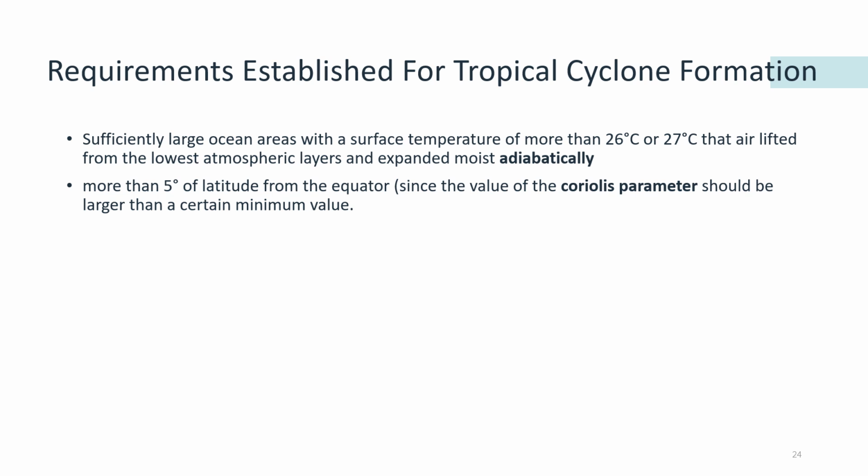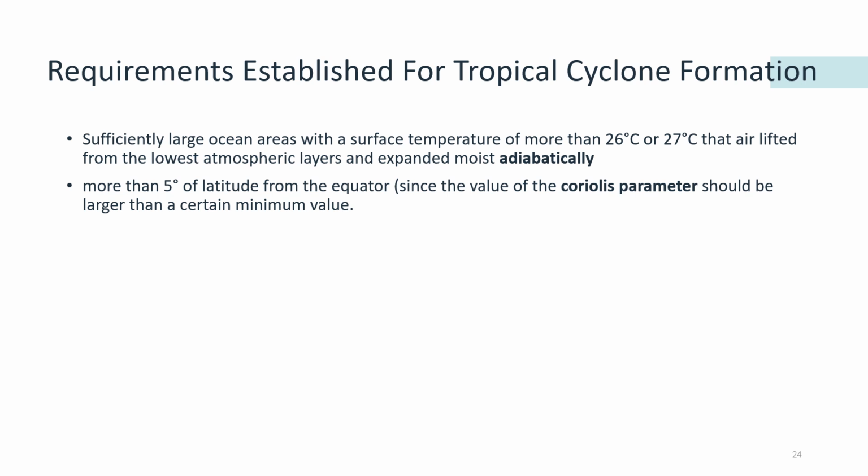The initial disturbance may be detected within 5 degrees of latitude of the equator, but these disturbances do not intensify into typhoons or hurricanes until they are more than 5 degrees of latitude from the equator, because the Coriolis parameter should be larger than this certain minimum value.